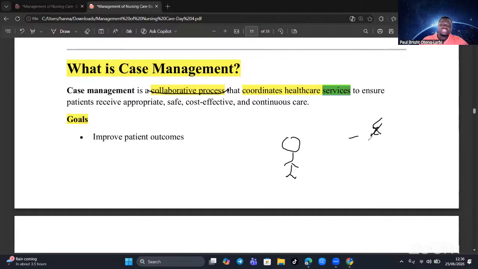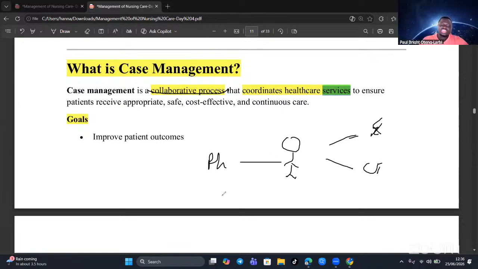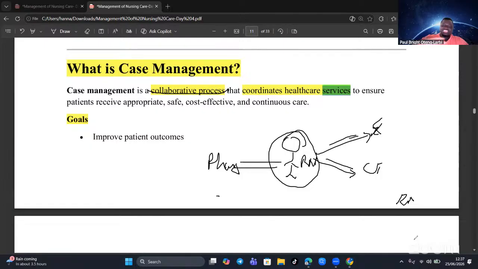X-ray, CT scan, physio. On the ward, the RN is taking care of this patient, but the case manager is sitting at his office watching whatever is going on. So he will coordinate. Okay, the patient is going to this. The patient is going here. They coordinate the services.